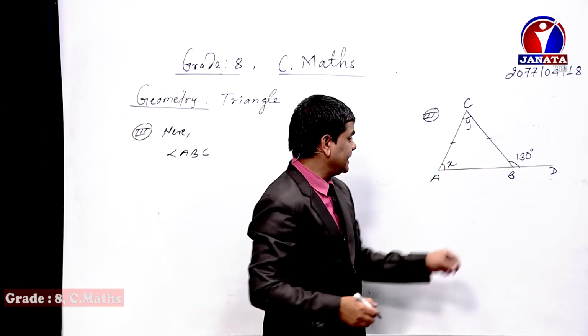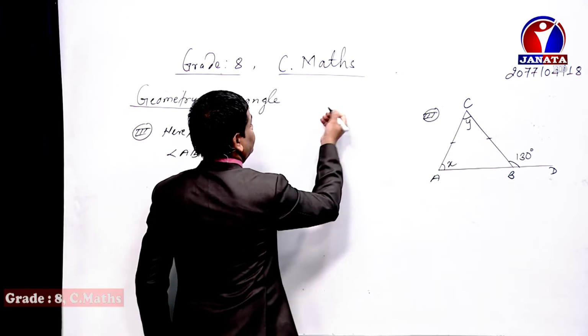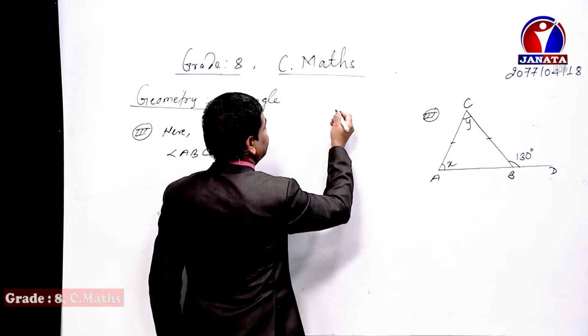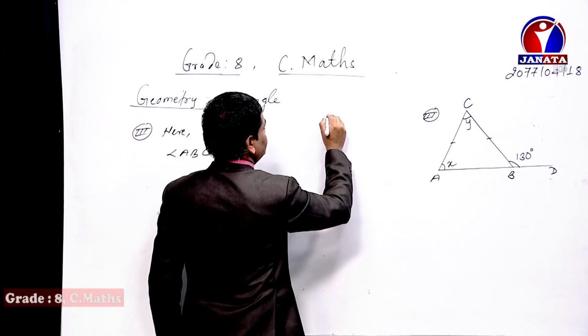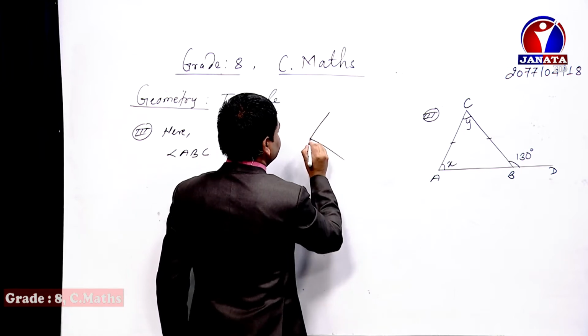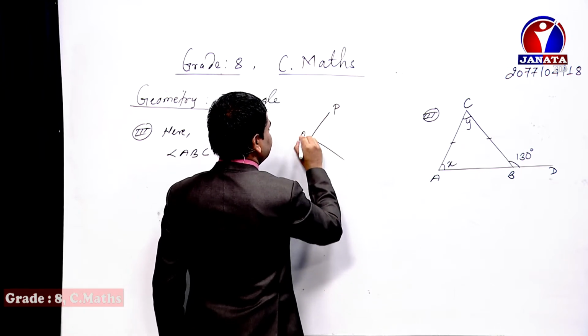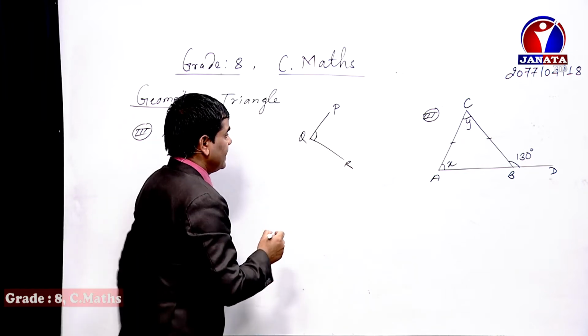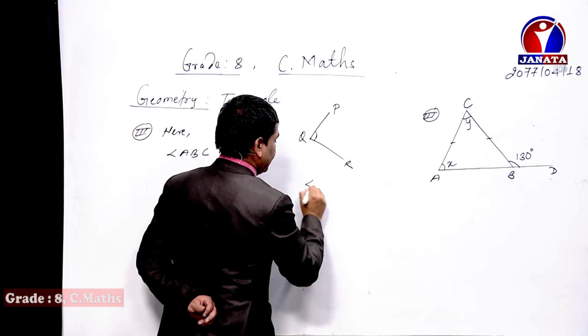Angle ABC. Whenever you need to write an angle by using three letters, what you have to do, dear friend? For example, this is P, this one is Q, and this one is R. If you have to denote this angle, then you can write angle PQR.